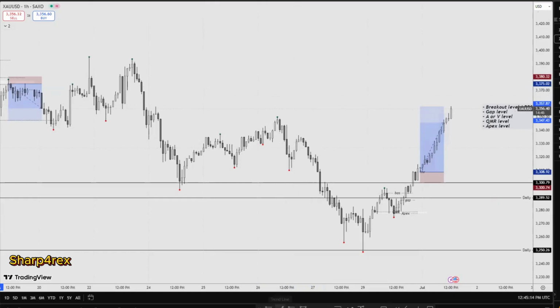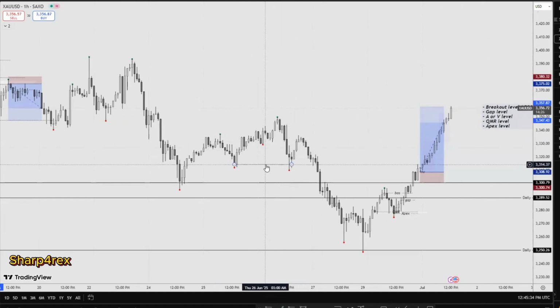Let's look at this. We are on H1 time frame. If you take this, we have H1 V level. And on this H1 V level, there's a CC because there's a rejection.